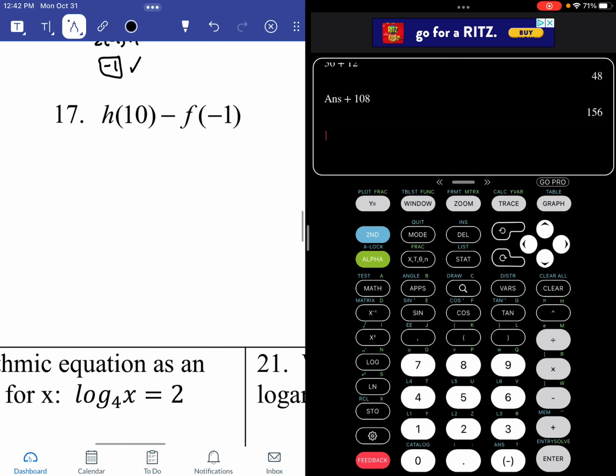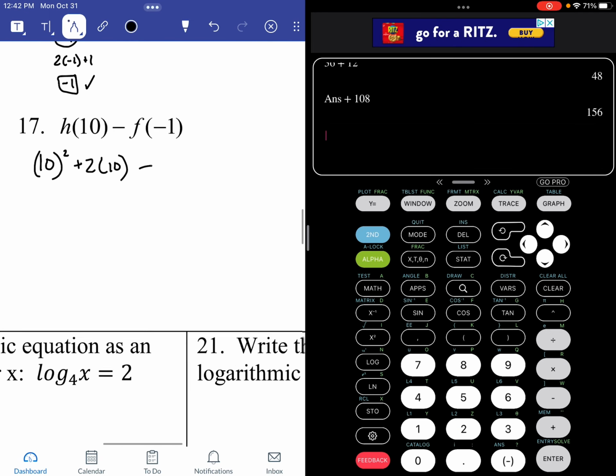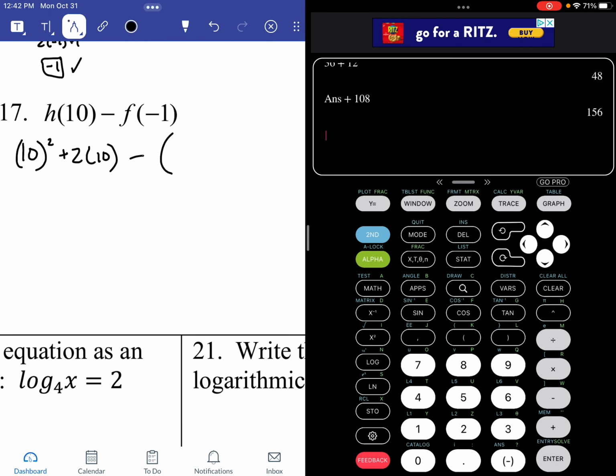Here we're going to take the two functions. We have h of 10, so I'm going to put 10 in for the h function, which is going to give me 10 squared plus 2 times 10, and minus, let's just refer back to the f, which is 2x plus 1, 2 times negative 1 plus 1. Make that bigger.